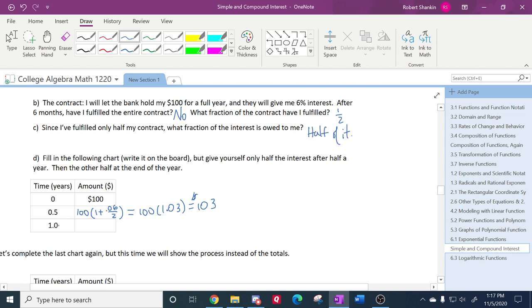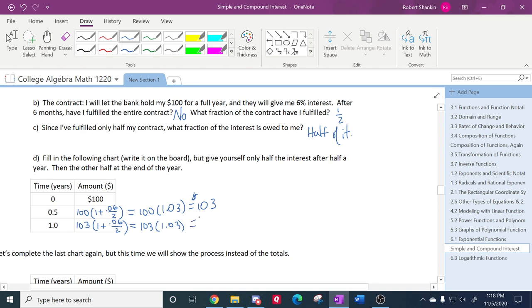Now, at the beginning of the second half of the year, we start out with $103, because that's what we ended the first half with. And then I get the other half of my interest. Cut that interest rate in half, because it's only another half a year. So it's 103 times again 1.03.